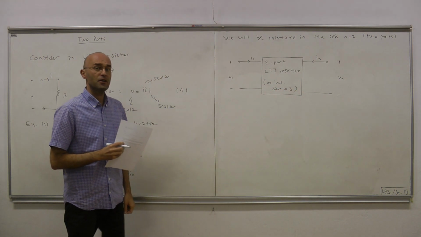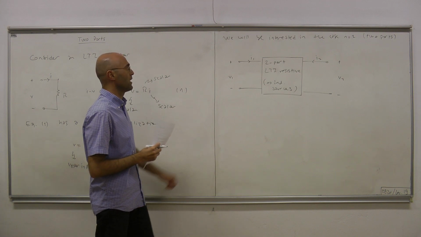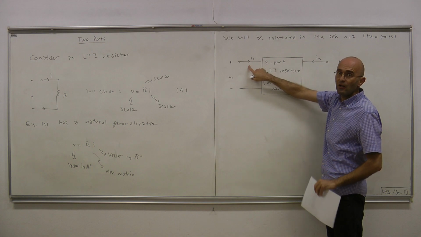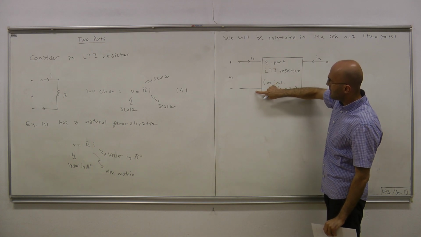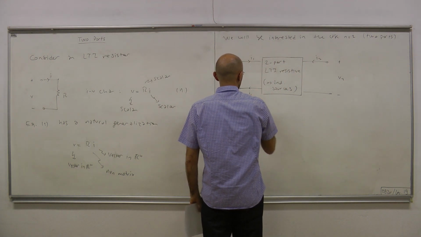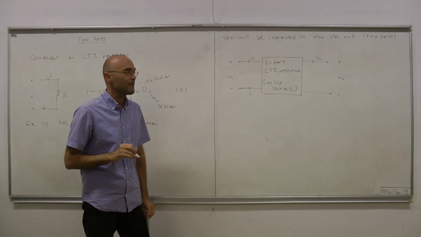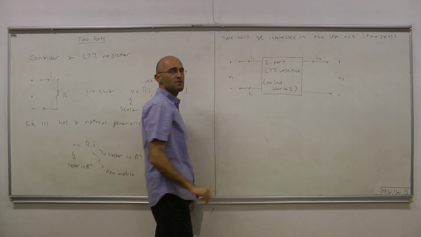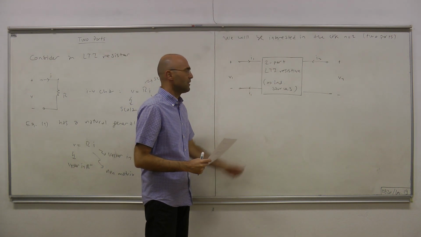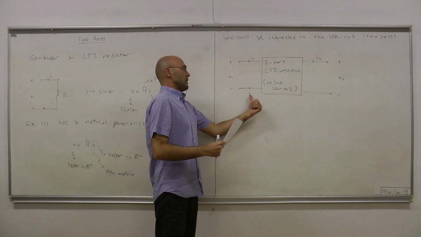Another thing that we assume is this. Note that with 1 port, forget about these 2 wires, by KCL automatically, whatever this current is, we have the same current in the opposite direction, I1. When you have 4 wires, it's not guaranteed that this current equals I1.